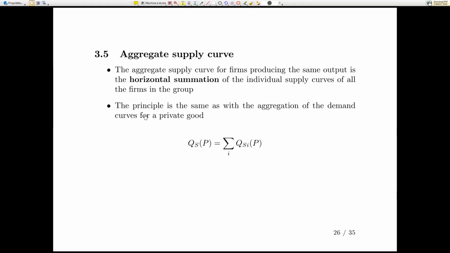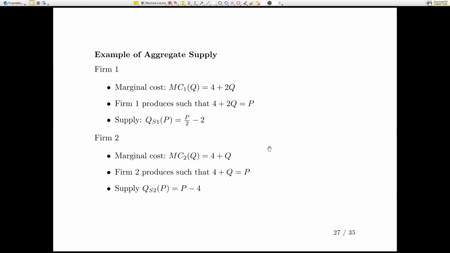Same thing with the aggregate supply curve. I'm going fast because it's really just the flip side of what we've seen in the first part. The aggregate supply curve is the horizontal sum of all the supply curves of all firms. So I can write QS of P, which is the sum of the quantity that every firm is willing to supply at some price. Here I give you an example.